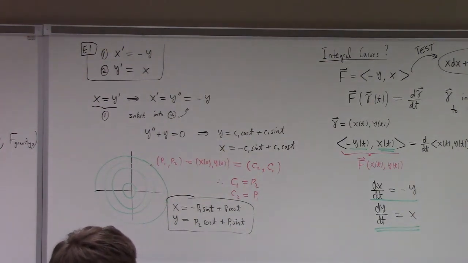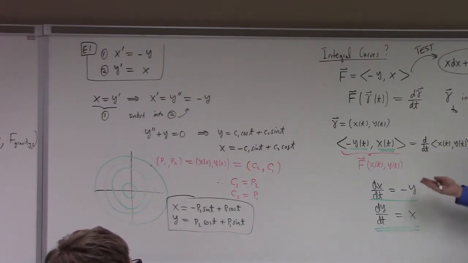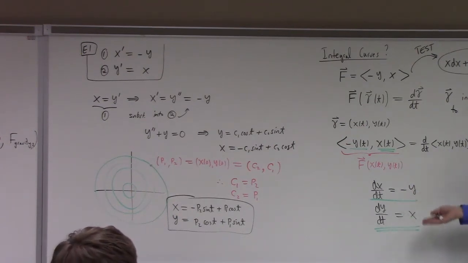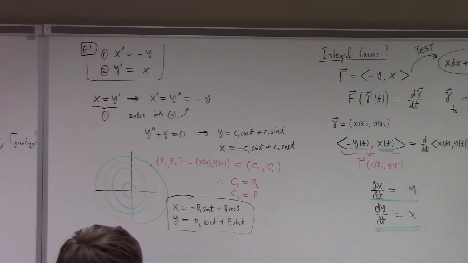So what's the difference? Here I'm finding parametric curves, functions of time which parameterize the integral curves. The other just gives me an xy equation for the integral curve. It doesn't give me a sense of direction, though. These will actually line up with the vector field in the same sense. That gives me a disoriented version of the integral curve. This is d of 1/2 x squared plus 1/2 y squared, of course.